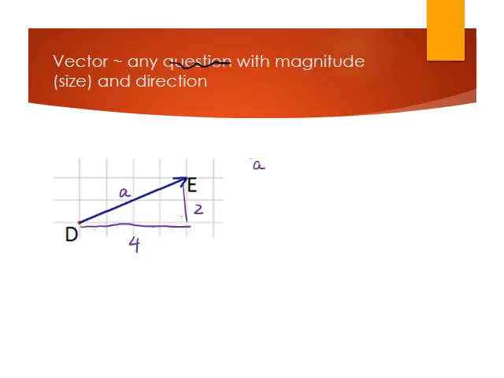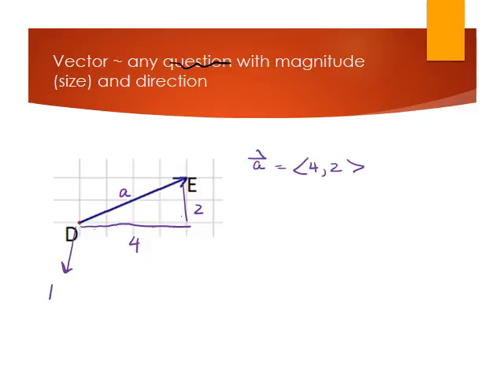So vector A is <4, 2>. And we don't use parentheses; we use what looks like the greater than or less than signs to indicate a vector. Just like parentheses indicate ordered pairs, this indicates a vector.